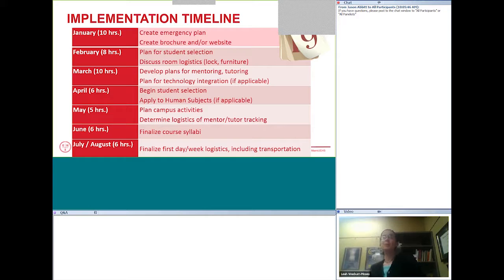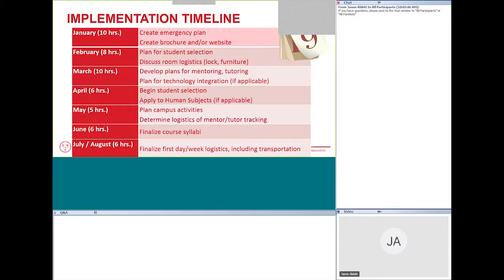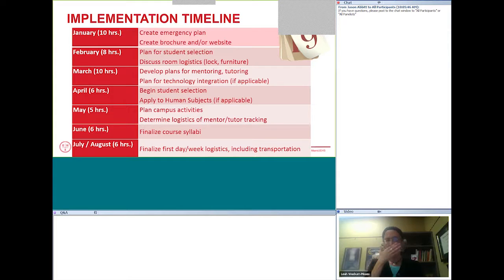Another question is about who provides transportation. Is it the university or the school? For us, our school provides transportation. And as I mentioned, thankfully we were able to tie it into other transportation. I didn't realize the number of buses that are going out to other places, including our university.